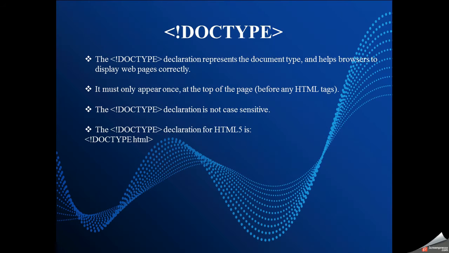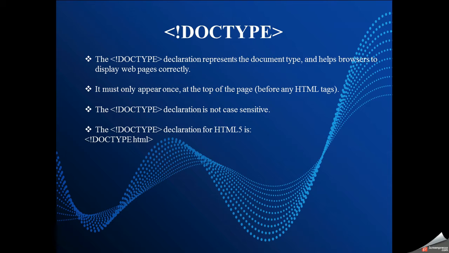Okay. Now next that is used, I have said, is doc type. This is the very first line of your HTML document. Now doc type basically represents which document type you are using. Suppose you are using CSS, suppose you are using JavaScript, suppose you are using XML. So this doc type, you can't say it is a tag.